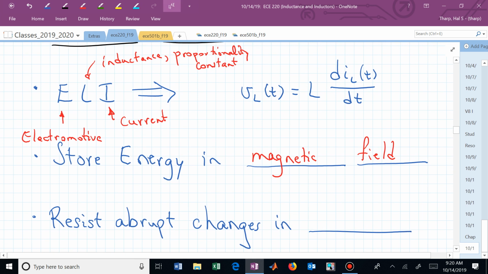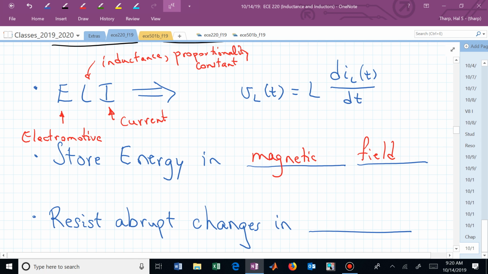From this representation, V is equal to L di/dt, we want di/dt to be bounded. We want it to be finite, obviously, if we want a finite voltage in our circuit. We don't want infinite voltages floating around. That means that we can't have the current changing instantaneously.